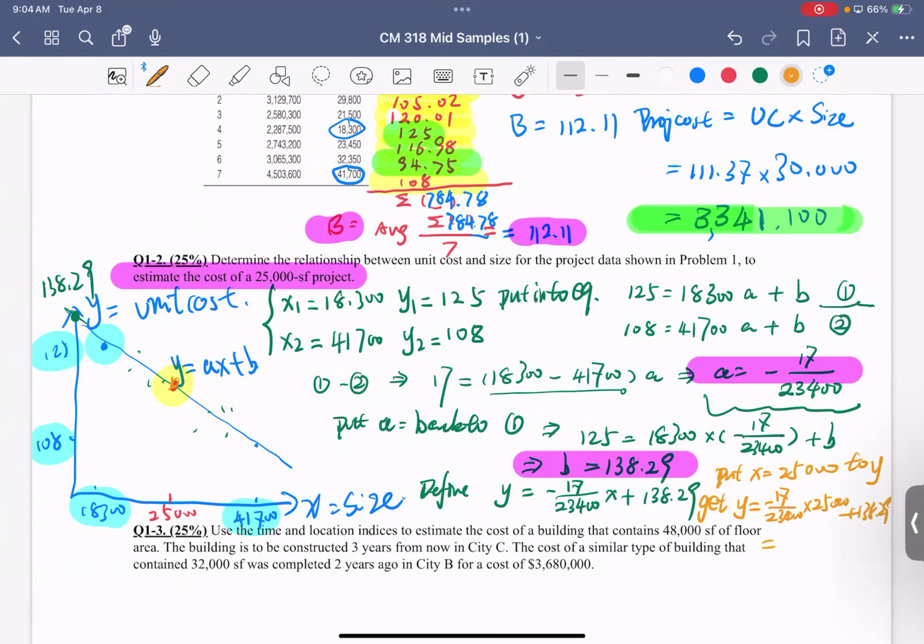You will get... this is in the exam review. Question? Yes. Where did you get 17?